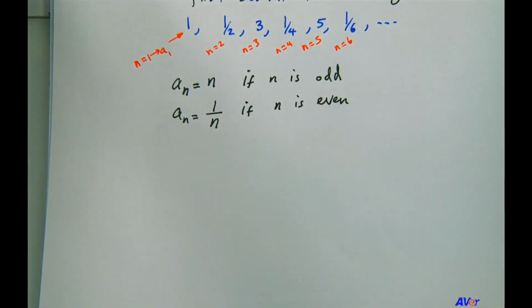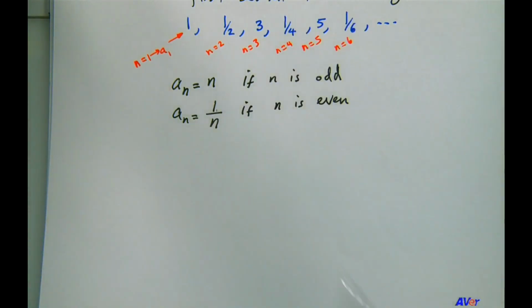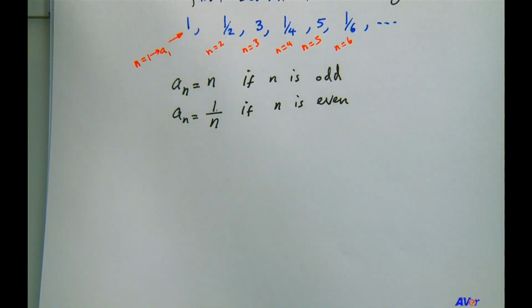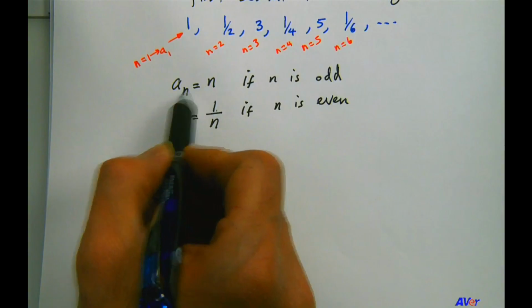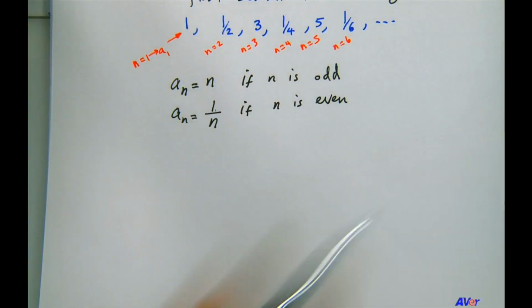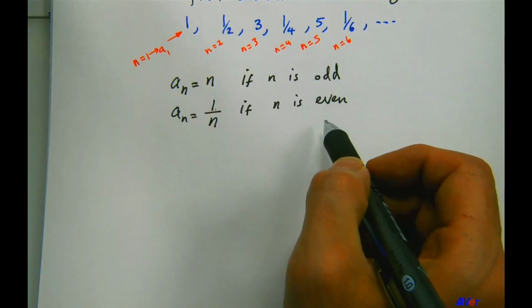So what is the 10th digit in the sequence? 1 over 10, because 10 is even. What is the 19th digit in the sequence? 19 is odd, so a sub 19 is 19. But we need to use this information or something more to find the nth term of the sequence.